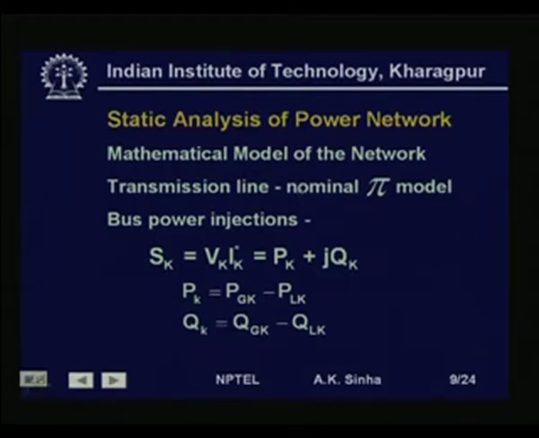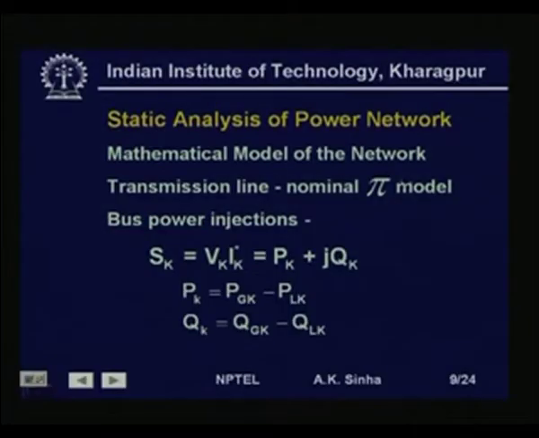In fact, very short lines can also be represented by just a series impedance, whereas long lines can be represented by an equivalent pi model that we had developed. So, a nominal pi or an equivalent pi can be used for medium and long lines, whereas a simple series impedance can be used for a short line.